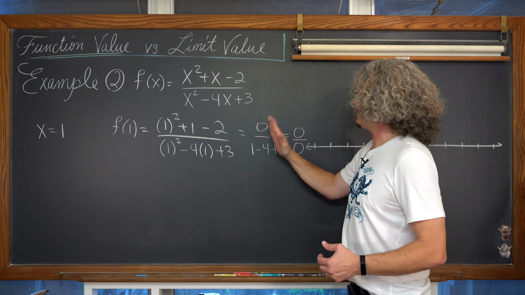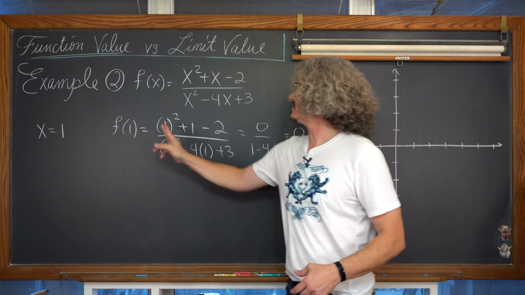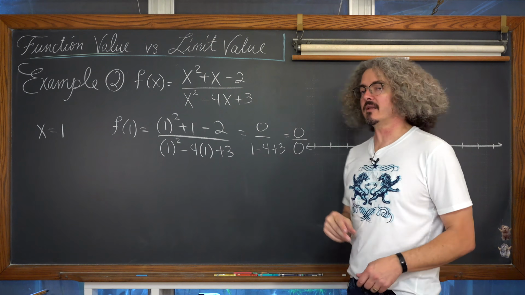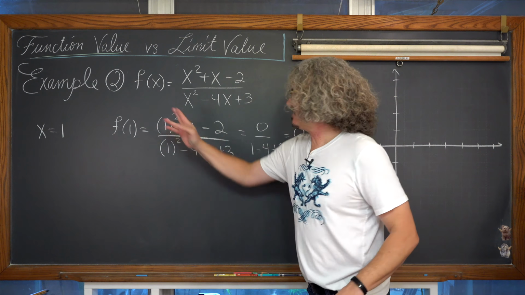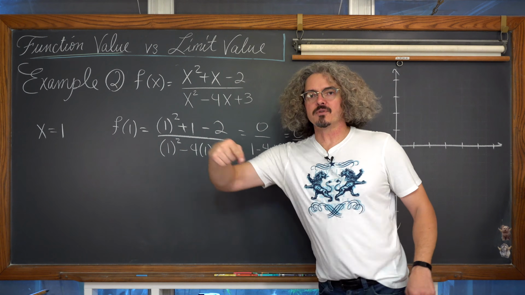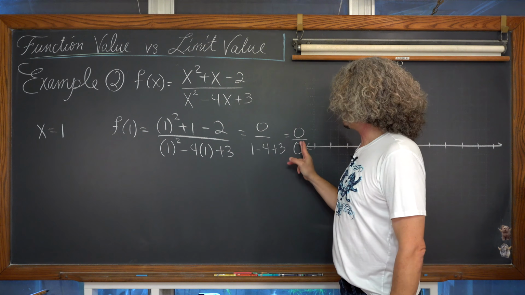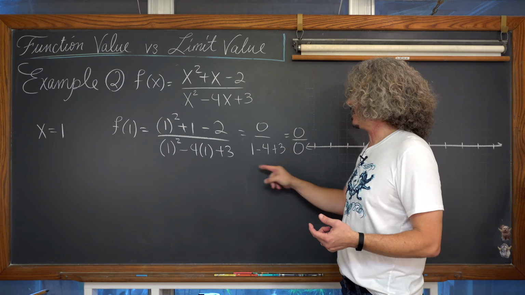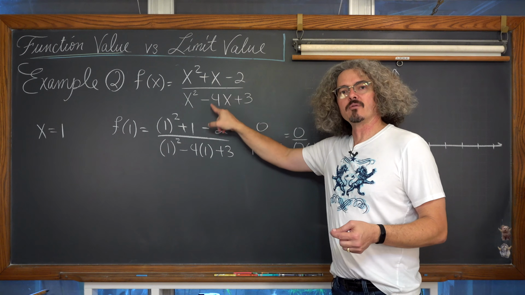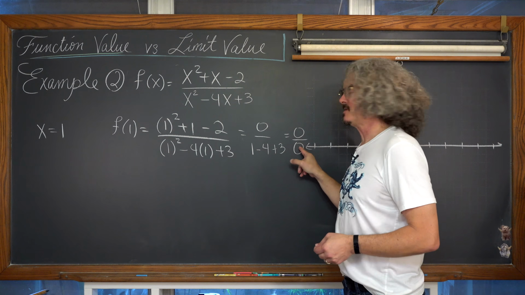Every single step of my work, I have linked together with an equal sign, and that's very dangerous, actually. It means that you're saying that every single thing that you're writing is equal to the previous thing you wrote. And if you write something that is seemingly correct, in this case, yeah, my arithmetic is correct, when I plug 1 into the numerator and denominator, I get an answer that is 0 over 0.